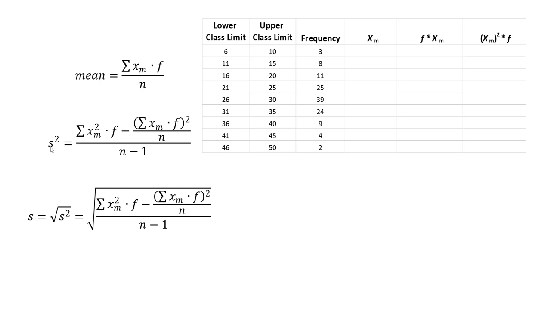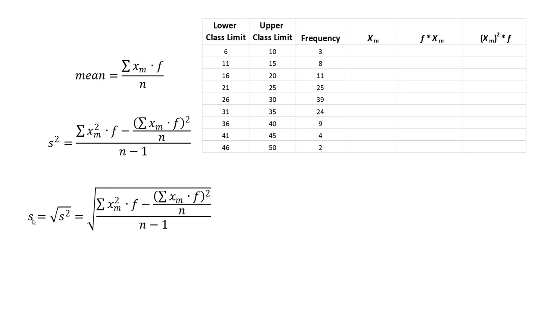This represents a sample variance. We assume we have sample data here. And this sample variance is a pretty long formula. And there's actually no real easy way of doing this, so I will show this to you on a spreadsheet as well.